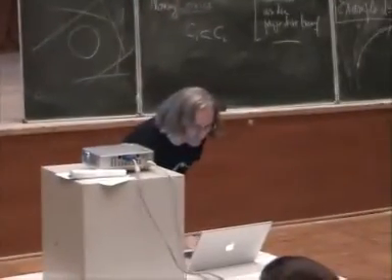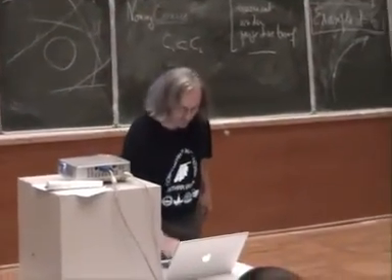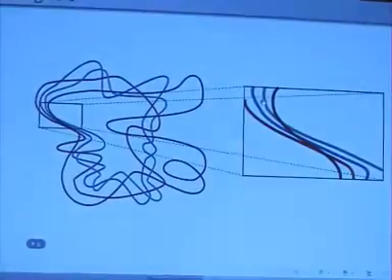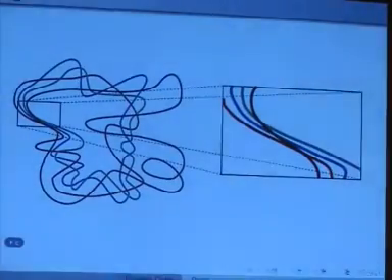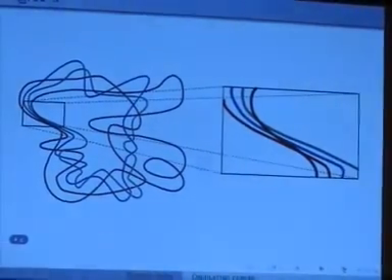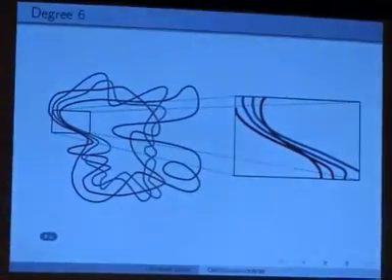Picture. This is an osculating curve of degree 6. This is another one. This is another one. And this is the local picture. When you move along the curve, the osculating curves of degree 6, as you see on the right, locally look like osculating circles for a curve, so they are locally nested.